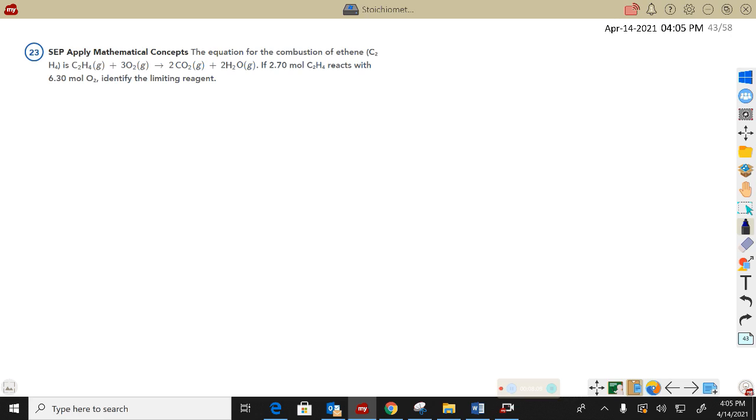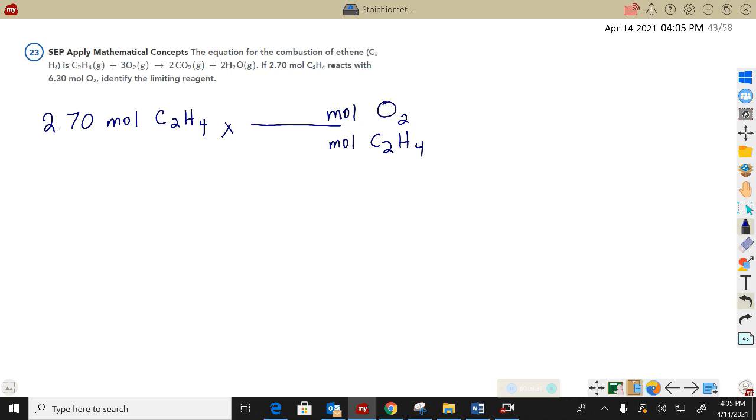And so, I don't know, let's say I pick the 2.70 moles of C2H4 because it comes first. All right, so we're going to set up a little mole switch. We're going to cancel moles of the one that I picked, C2H4, and switch it to the other reactant. I'm just comparing reactants or reagents.